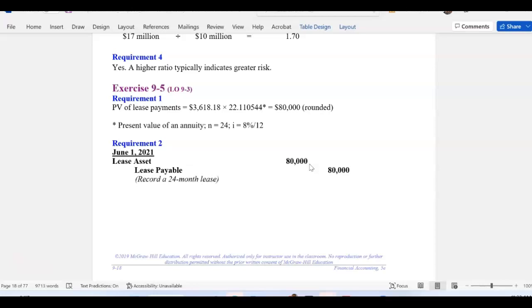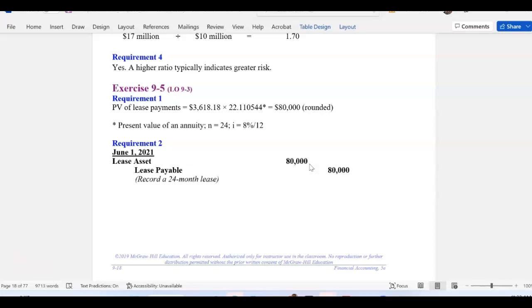If you rent a car on a monthly basis, just like for 1 month, 2 months, 3 months, that's an operating lease. All you recognize is rent expense. That's it. There is no asset to recognize. There is no liability to recognize. All you need to recognize is just rent expense debit, whatever the payment is, and cash credit.